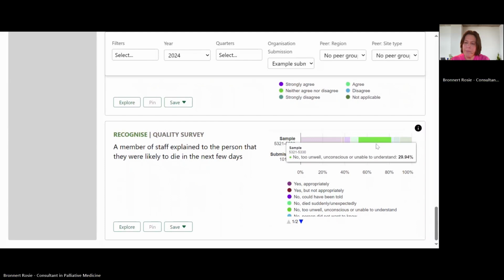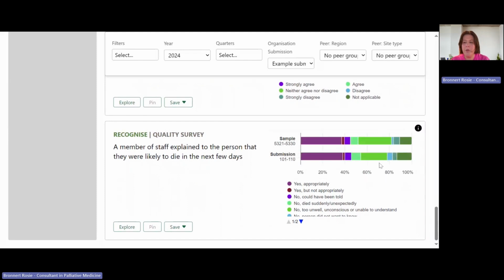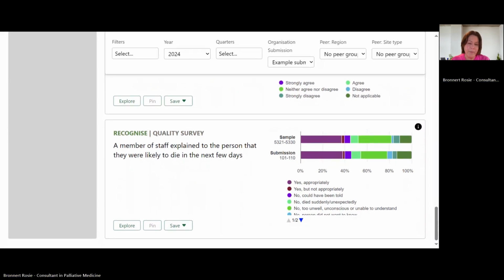There is, as is in keeping with information we've had before, a fairly high number of around 30% of people who were too unwell to have any discussion, but around 10 to 15% of people don't really know whether that happened, and there may be many different reasons for that.